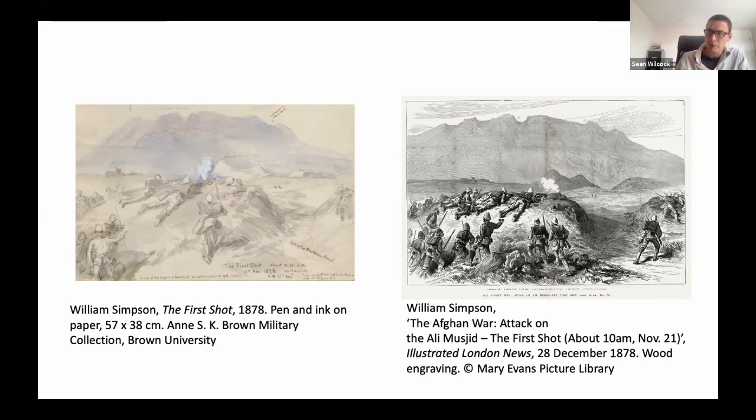And the resulting print, which we see on the right here, and you can see subtle changes, just shows soldiers in a mountainous landscape. The positions of the Afghan army are marked in the background. It's a fairly generalized set of tropes, really. A shadowy enemy, a forbidding terrain, an energetic body of British troops.